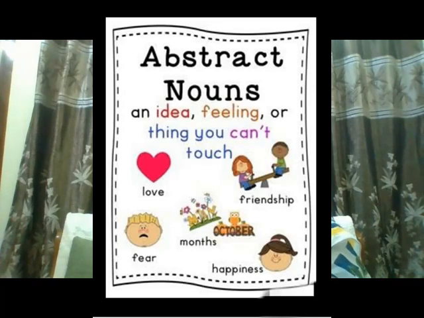Like many examples, you know, a few examples I am going to give it to you, like love, friendship, fear, happiness, anger, darkness, intelligence, strength, cold, life, death, childhood, youth, fear, and like this there are several words which falls in the category of an abstract noun.